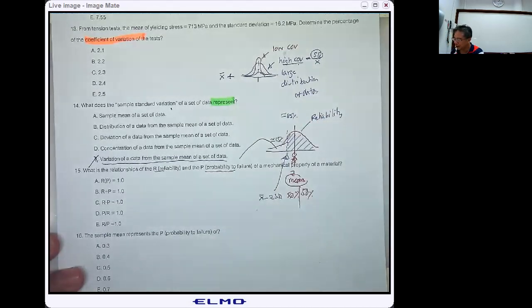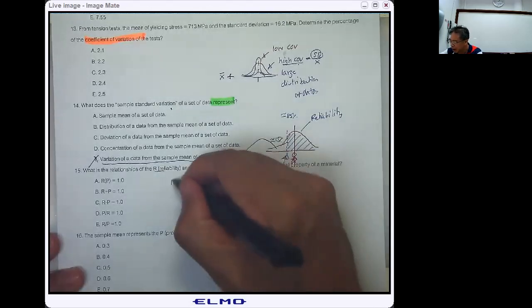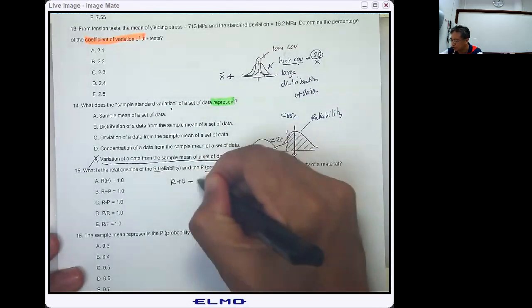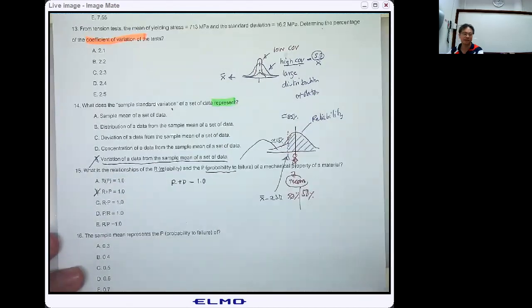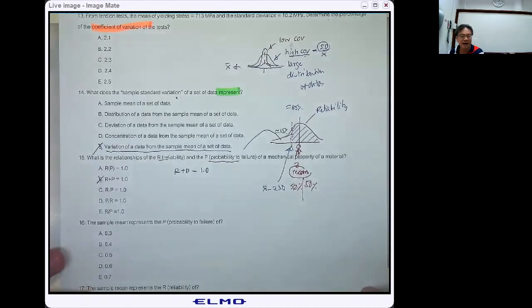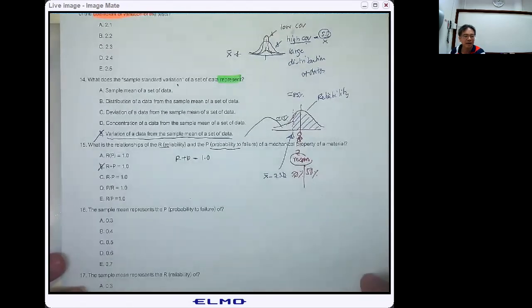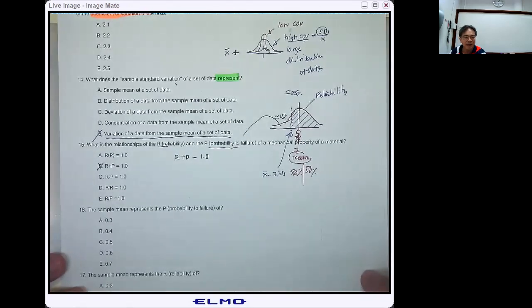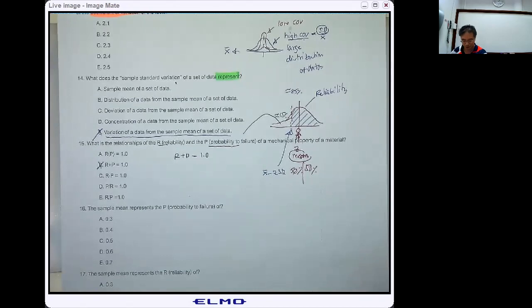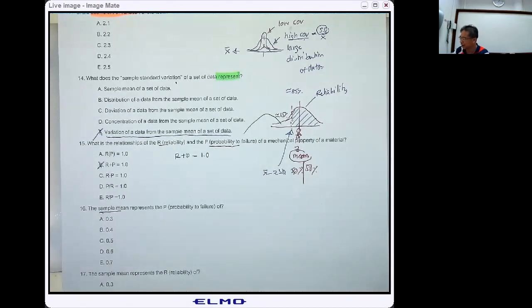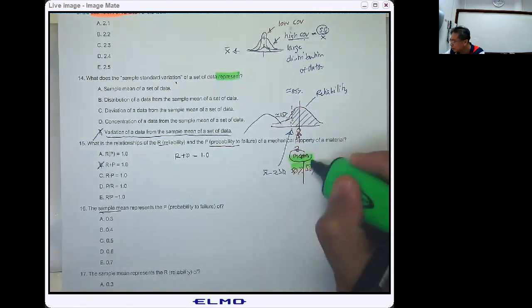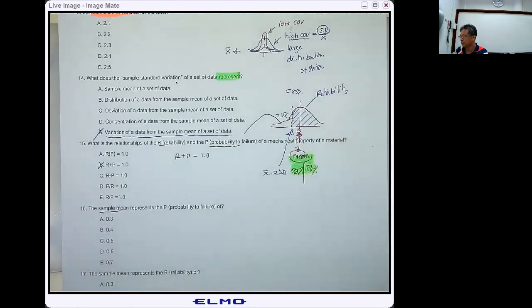So the relationship is going to be R plus P equals 1.0. Coming into this, the sample mean represents the P of what? The sample mean is, like I told you, talking about 50% and 50%.